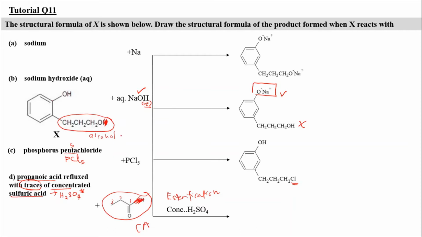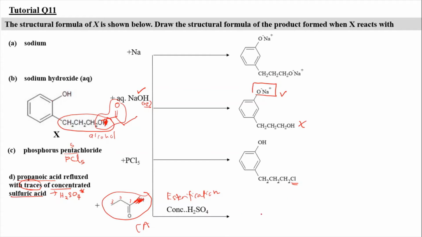Okay, and then they're going to attach together. So they have 1, 2, 3 carbon, right? So it's going to attach at the oxygen here, and it's going to have 3 carbons attached to it. 1, 2, and 3. Okay, and at carbon number 1, it's going to be a double bond O. So here it is going to produce an ester, because the O, C double bond O here refers to the ester group.